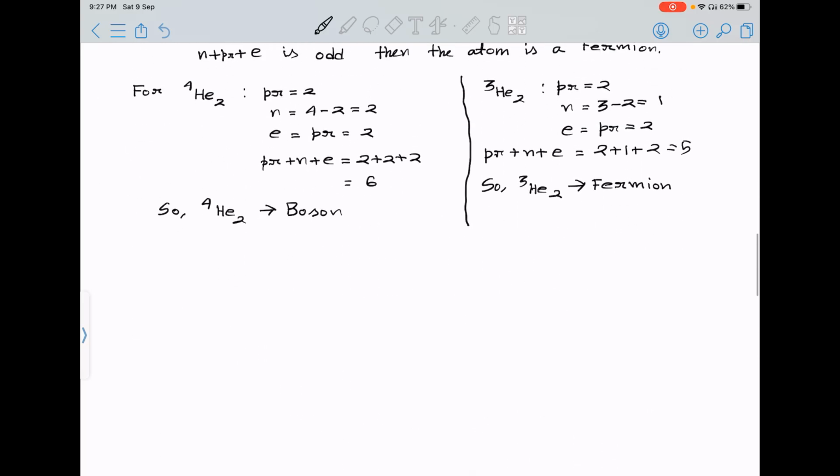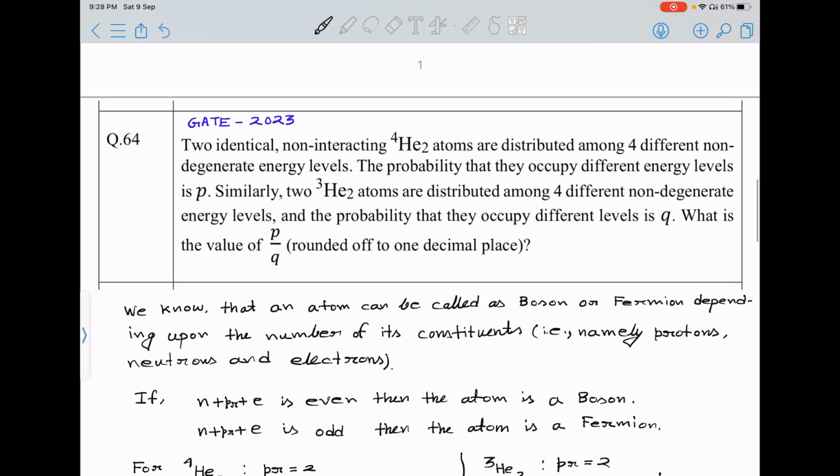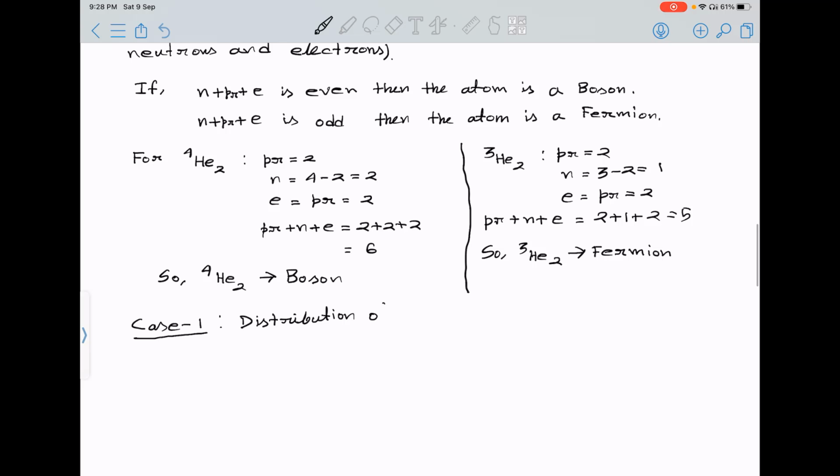Let me start with case 1: distribution of 2 helium-4 atoms in 4 non-degenerate energy levels.